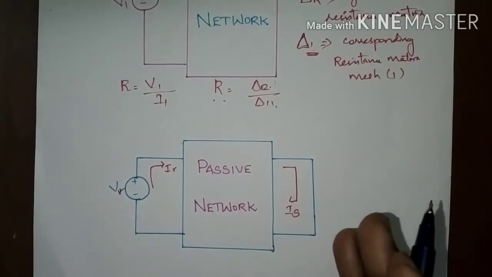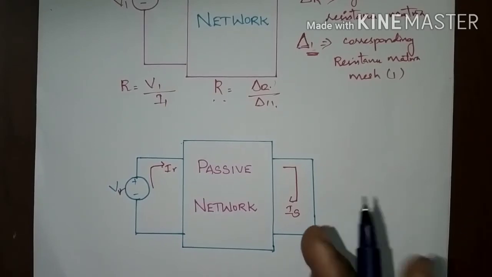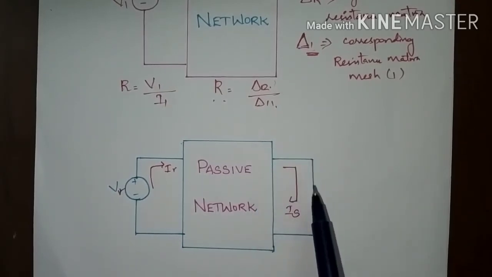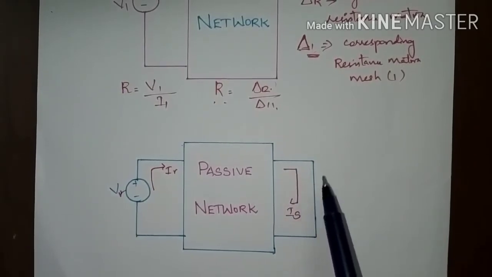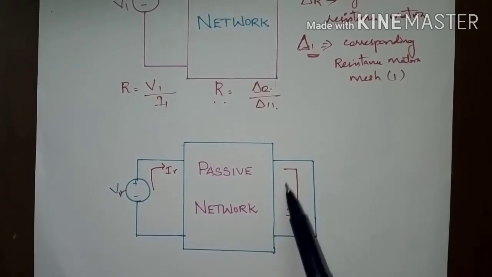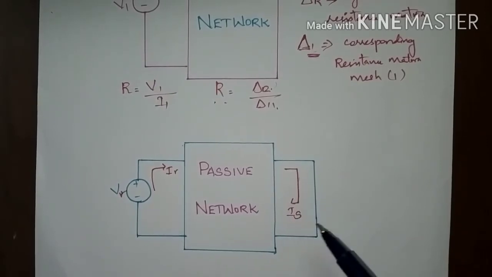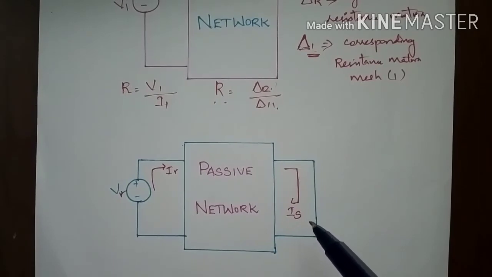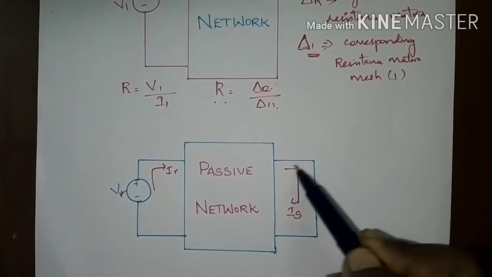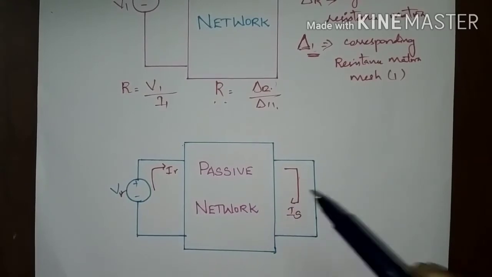If there are a number of nodes and a number of nodal voltages and an external resistance is connected between two nodes, that is, if you are connecting the external resistance on the output side, the current drawn by the two nodes will be dependent on the voltage and the resistance connected to those nodes. This is due to the voltage across the output resistance. If you are connecting the external output resistance, the current drawn by the resistance depends upon the voltage across the resistance which you have connected.